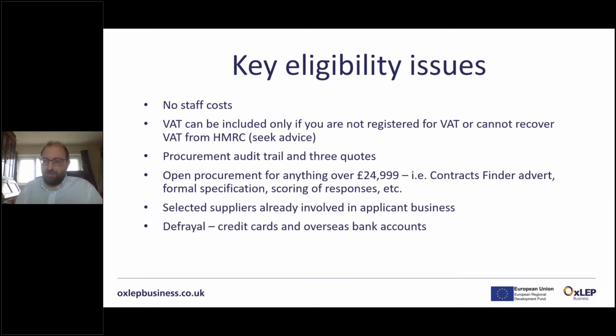So we're happy to put adverts up there for you. But it does mean you need to write a formal specification, an invitation to tender kind of document that sets out what you want to buy, how you will score it, and then you need to score the responses that you receive before the deadline. Effectively, you're running a formal procurement process.